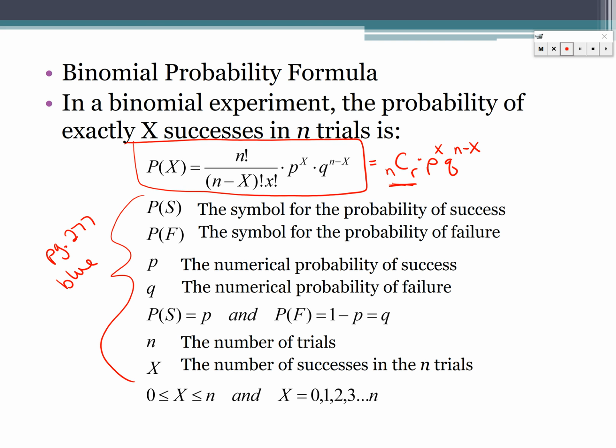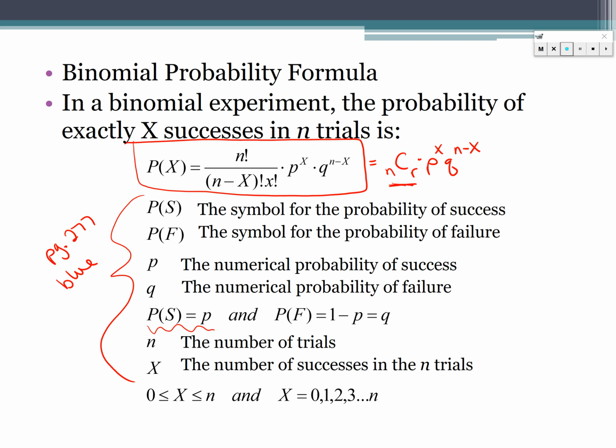The one piece of this I do want to draw your attention to, the P of S is the probability of success. That's how we would symbolize it. When it comes to the formula, the variable that represents that is going to be a lowercase p.